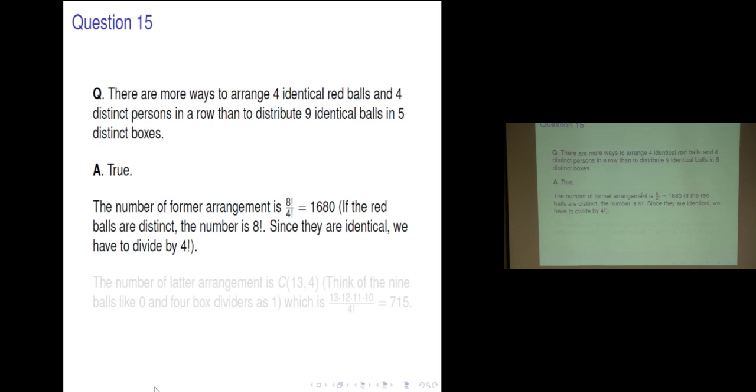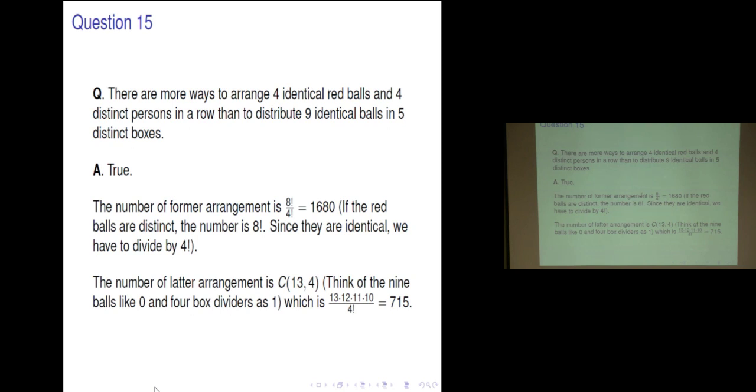Okay. Now let's look at the other part. We want to distribute 9 identical balls in 5 distinct boxes. We have done this before. The idea is, we have 4 dividers to create 5 boxes. You can think of the red balls as digit 0.